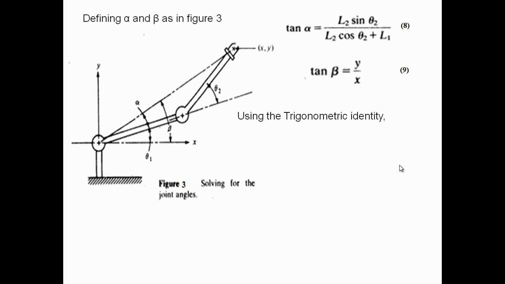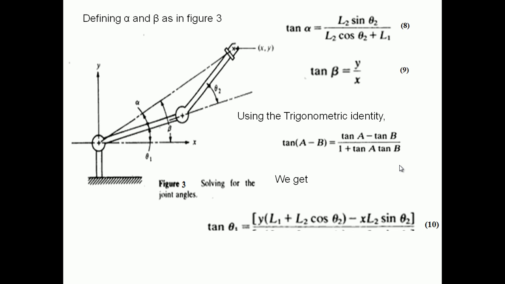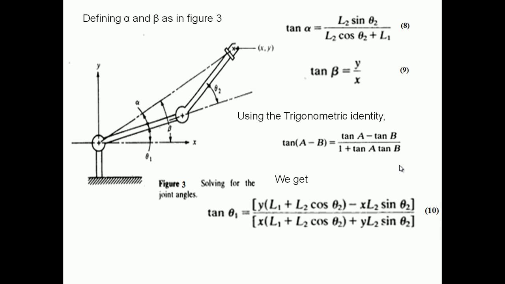using the trigonometric identity, you know that tan(a minus b) is equal to (tan a minus tan b) divided by (1 plus tan a tan b). So finally, if we substitute, theta 1 is nothing but beta minus alpha, as in figure 3.